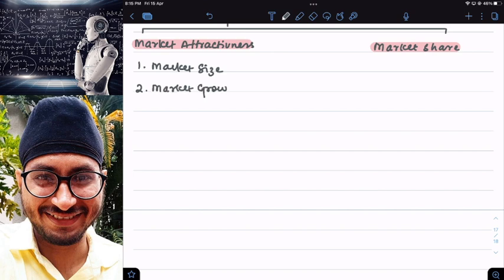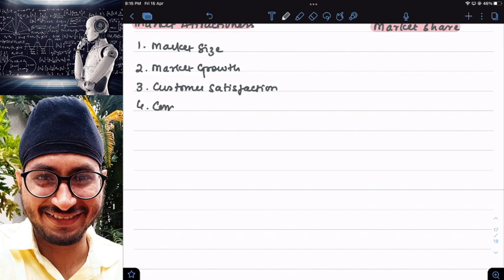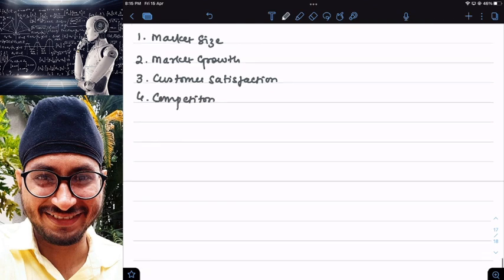Let us say, example number 2, market growth. Market growth is one more example. Then customer satisfaction. Then competition. Then we have price levels. Then we have profitability.